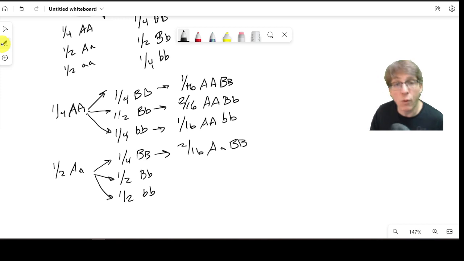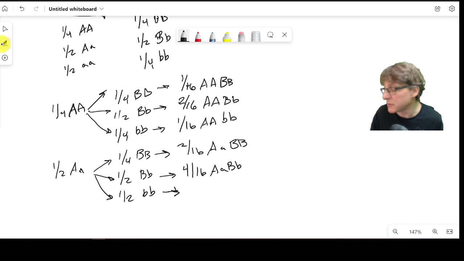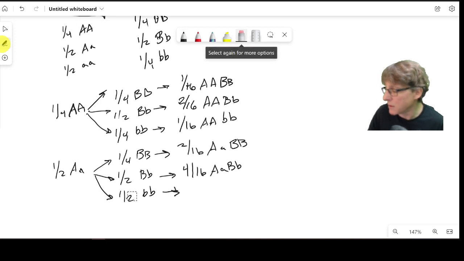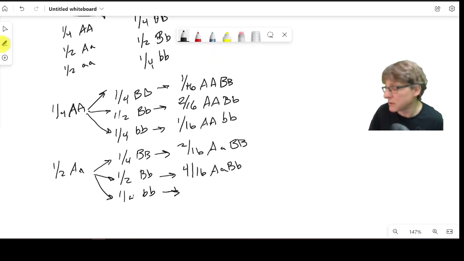Here we have 1/4, so 1/4 is the same as 4/16, and so we're going to have A, big B, little b. And then here, 1/2 times 1/2 is going to be 1/4. Oops, that's wrong. This is actually 1/4. So that's 1/8 or 2/16 are going to be big A, little b, little b.